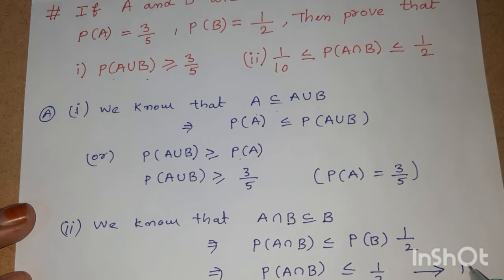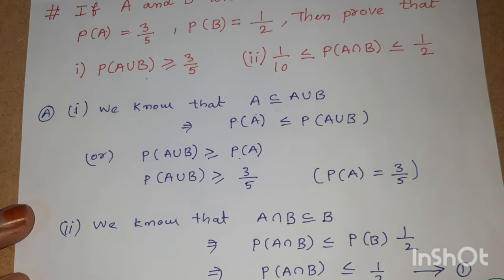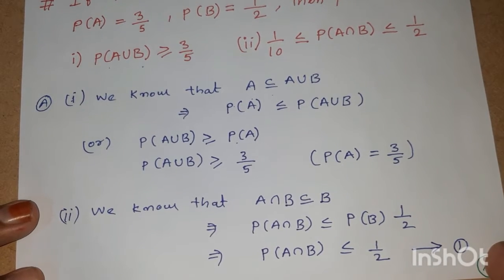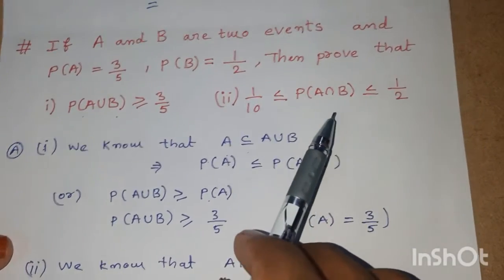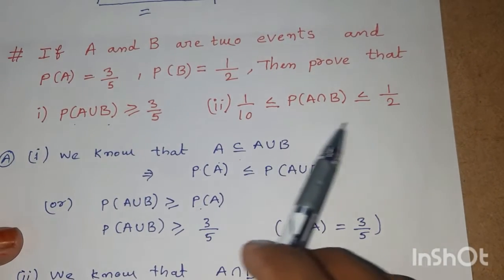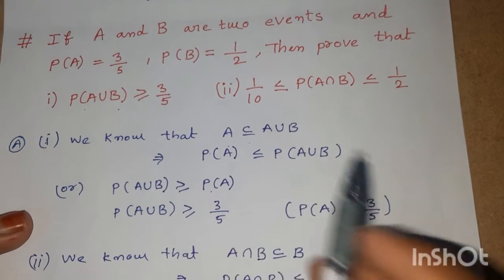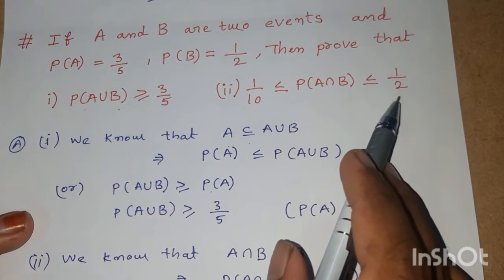Let us call this 1. Therefore, the right side portion of the inequality is proved.